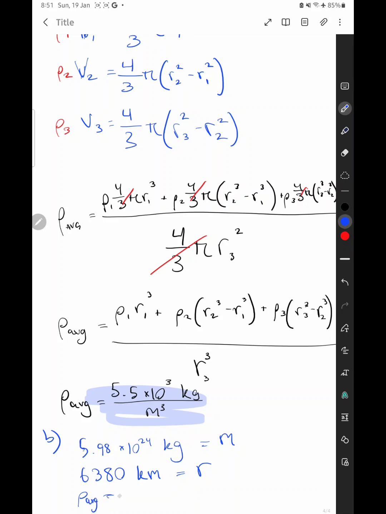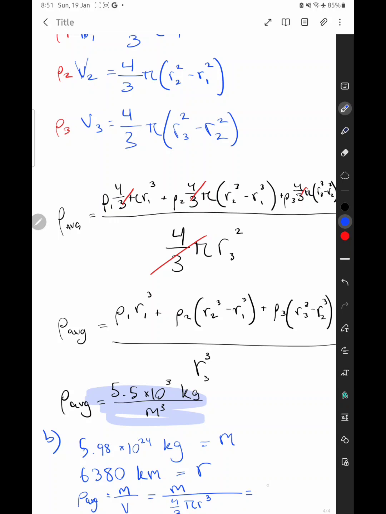So here, same thing. Just go ahead and divide the mass by the volume. And here the mass is given. The volume is 4/3 pi r cubed. And if you plug in these numbers, I've actually already done it.